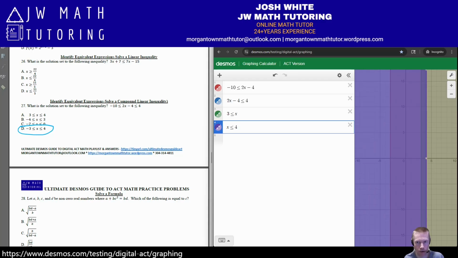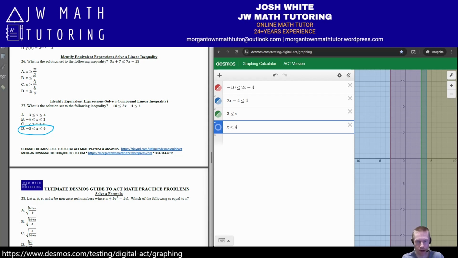It's a little tricky to see here, but if you graph this one, notice there is some overlap here that is not in the original solution set. So this one is going to be incorrect. This part matches up perfectly. It's this part that doesn't match up, where there's shading that should not be there.